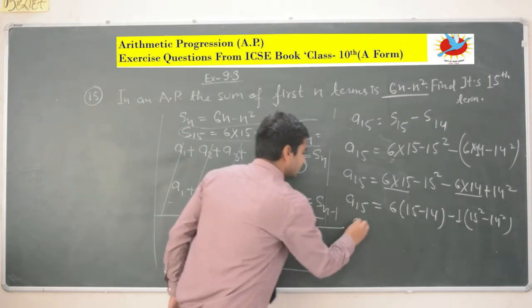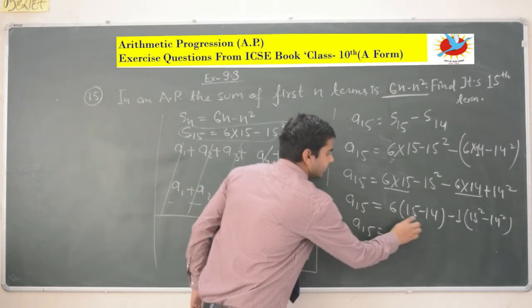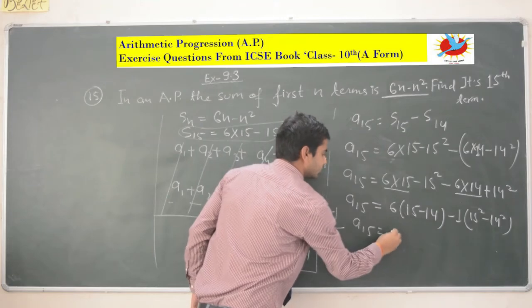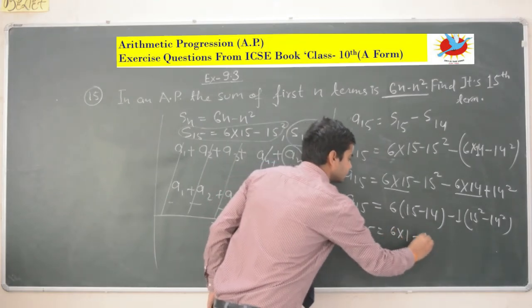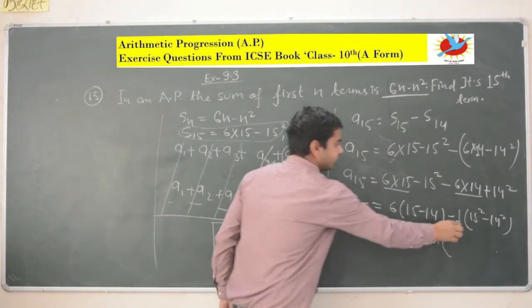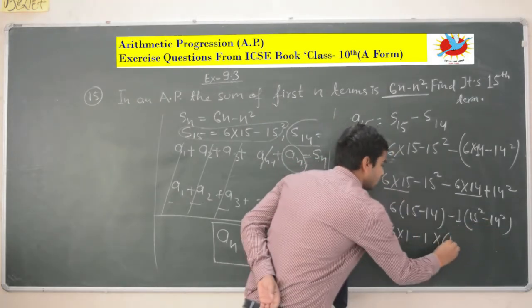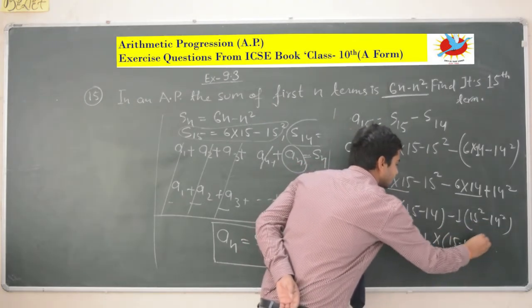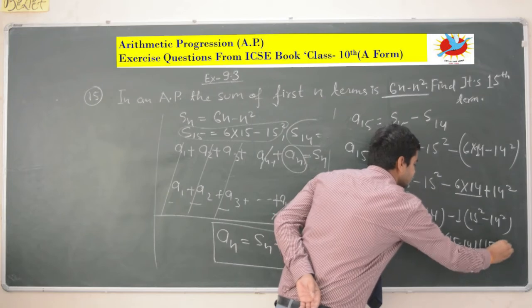So here we will get A15 as 6 into 15 minus 14, that will be 1. So this will be 6 into 1 minus 1 into 15 square minus 14 square, that is 15 minus 14 in one bracket and 15 plus 14 in another bracket.